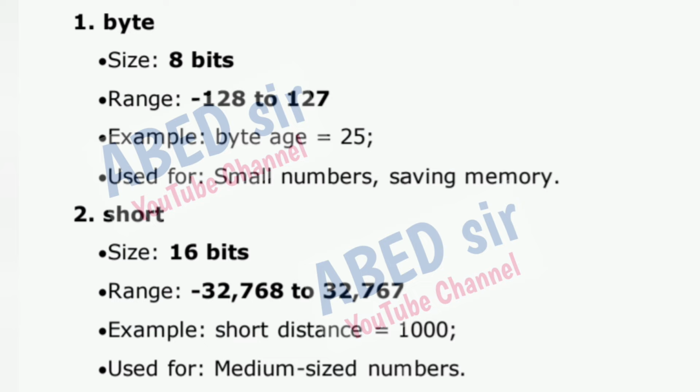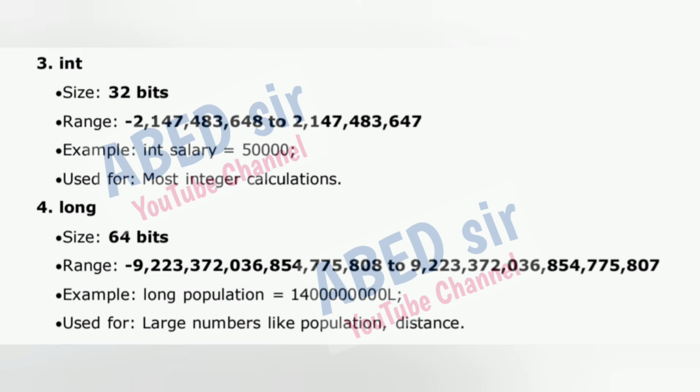Range: -32,768 to 32,767. Example: short distance = 1000. Used for medium-sized numbers. 3. int. Size: 32 bits. Example: int salary = 50000. Used for most integer calculations.